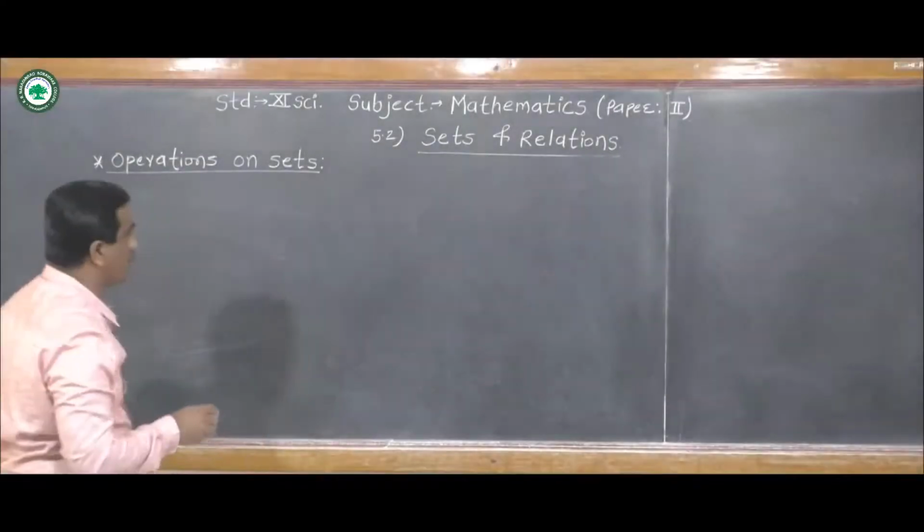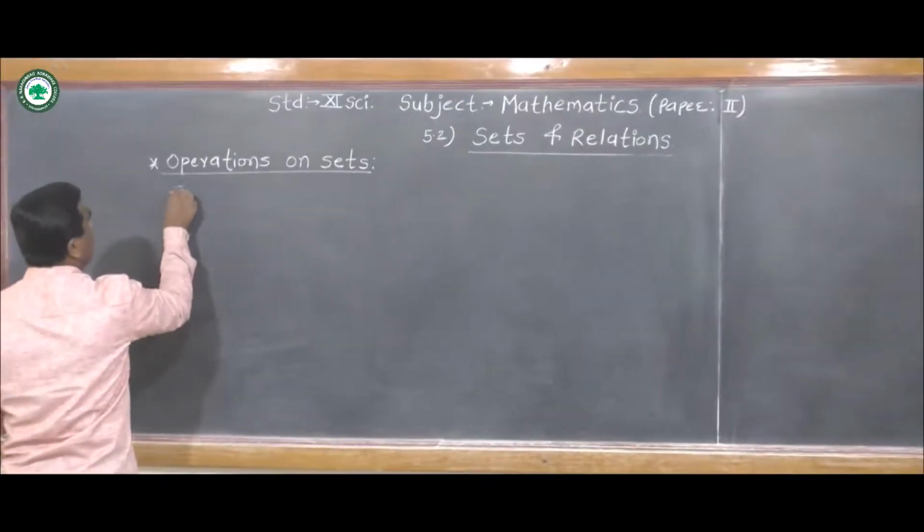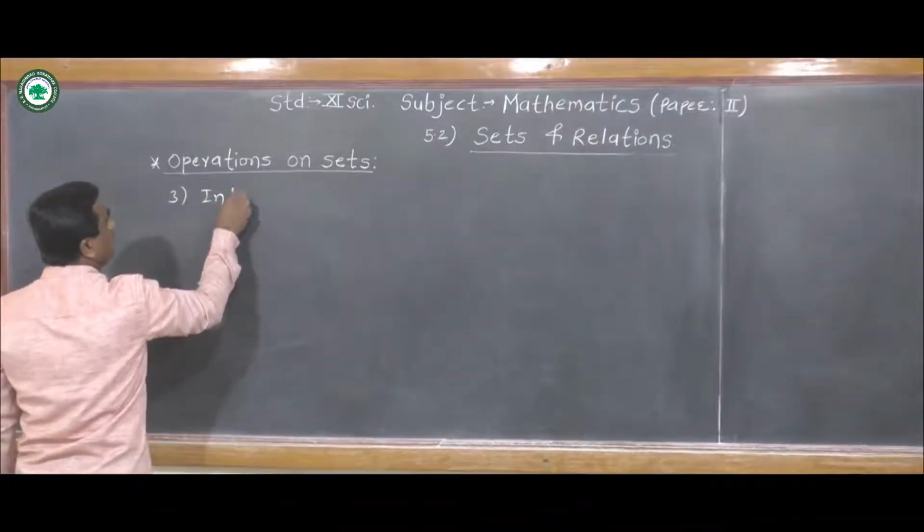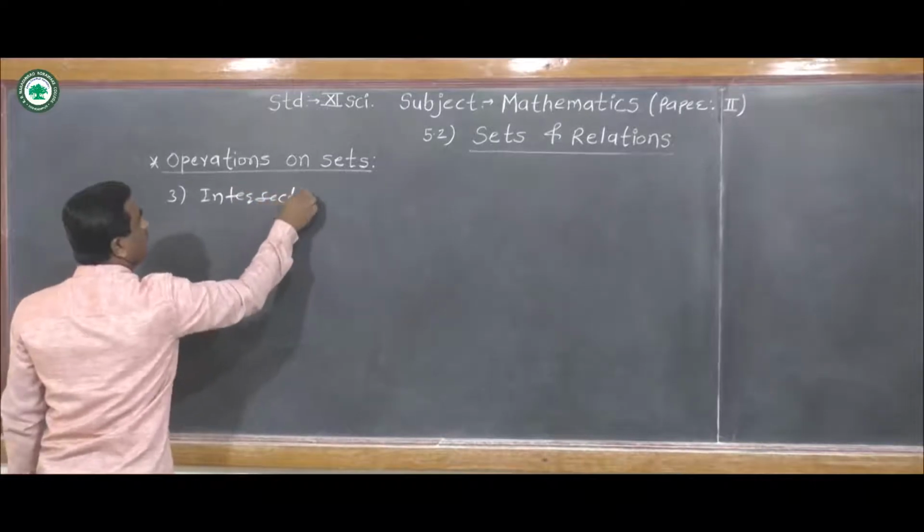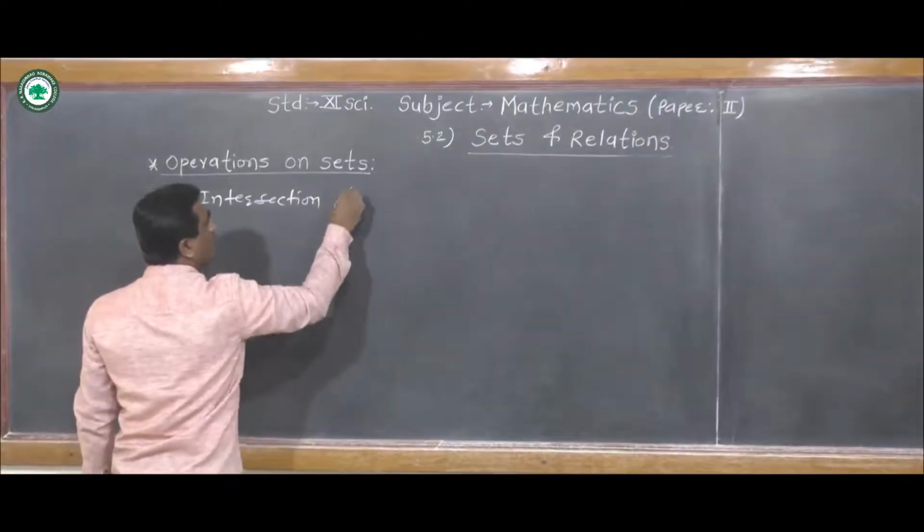Now next article is intersection of sets. Third operation. Intersection of sets.